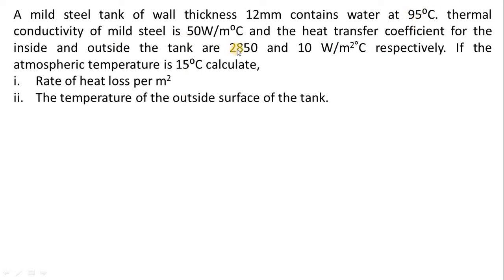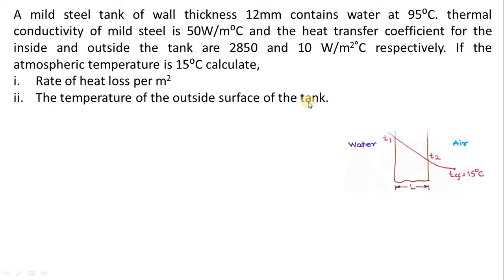So here it is 2850 watt per meter square degree Celsius, and heat transfer coefficient 10 for the outside. If the atmospheric temperature is 15 degrees Celsius, calculate the rate of heat loss per meter square, and the temperature of the outside surface of the tank.